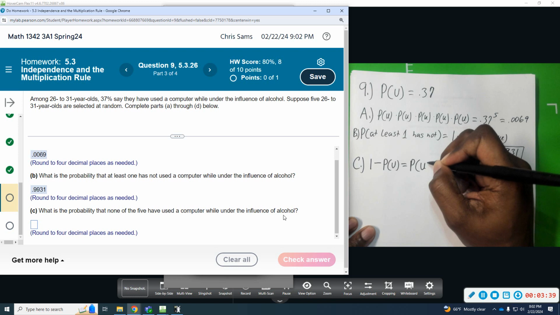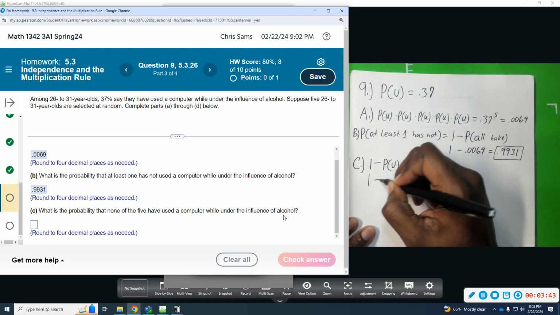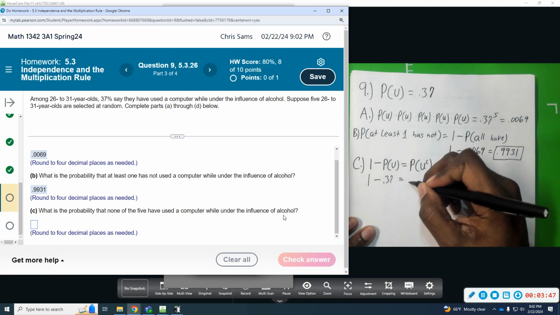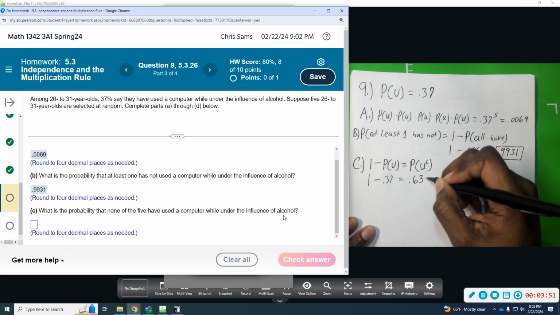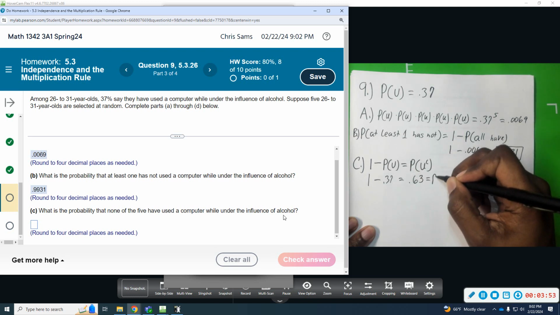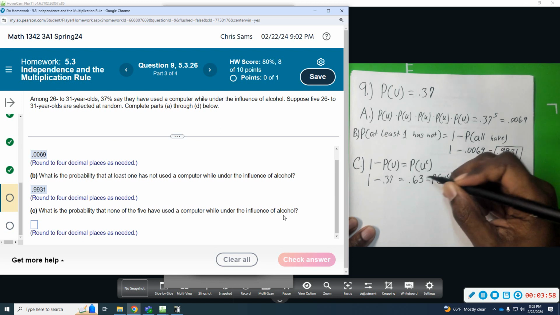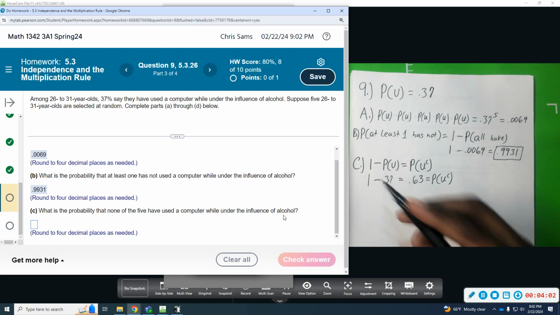So we'll just say U complement. All right, so this is 1 minus 0.37, which is going to equal 0.63. So the probability that a single person has not used the computer under the influence of alcohol is going to be 0.63.